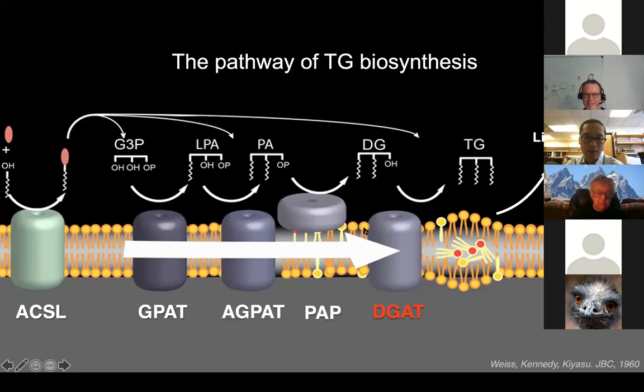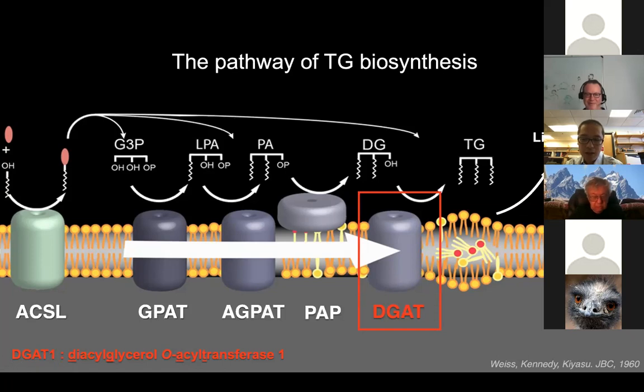Okay, and because DAGs can be used for phospholipid biosynthesis, the last step to generate TG is by the DGAT enzyme, or diacylglycerol O-acyltransferase. Okay, and the hydrophobic TG product is believed to be released back to the ER lipid bilayer, which can be further used for lipid droplet formation.